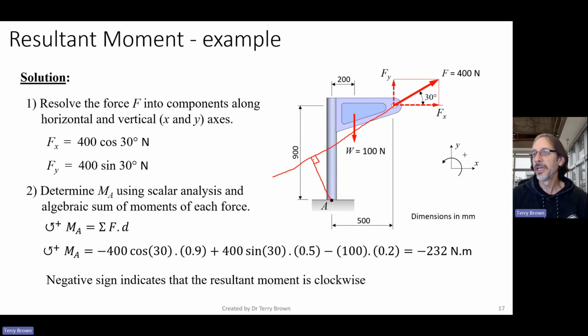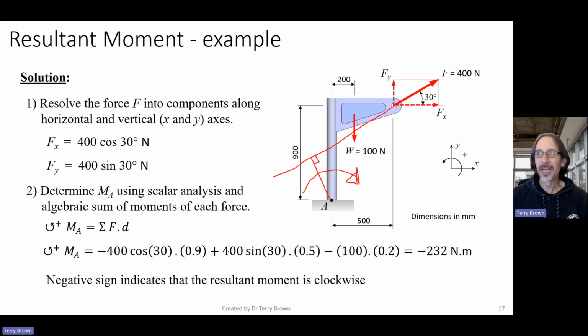Right, so that distance there, 0.4, 0.5, something like that. So 400 times 0.4, let's say 0.5 to make it easy. So that's about 200 Newton meters. And it's tending to cause a clockwise rotation about point A, so negative, right?